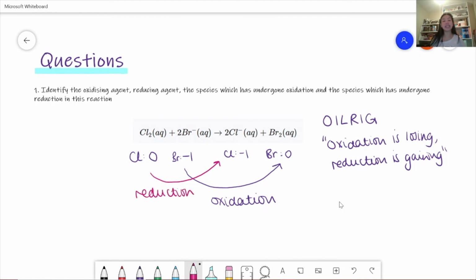And so now we can identify our 4 things. The oxidizing agent is the electron acceptor, because it oxidizes the thing that is losing electrons. So the oxidizing agent itself is accepting electrons. And so because the bromide ion is getting oxidized, that means that the oxidizing agent is this chlorine, Cl2.